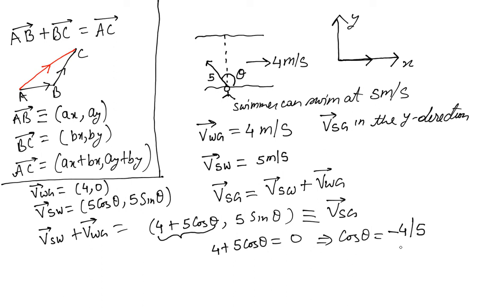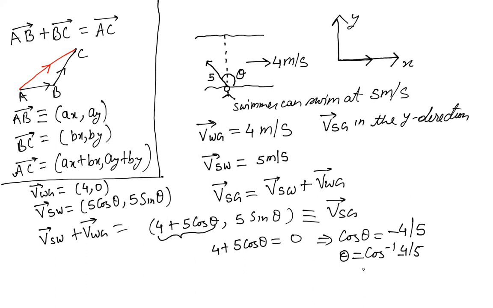Okay, now you can see cos theta turns out to be a negative number. Well, it should turn out to be a negative number, because we know that cos theta is negative if the angle is between 90 degrees and 180 degrees. So you can find out the value here. Theta will be cos inverse of minus 4/5.